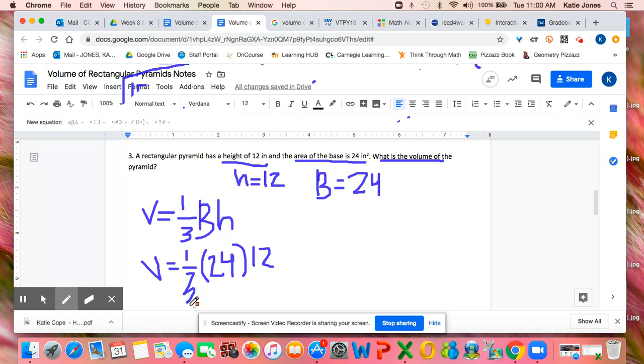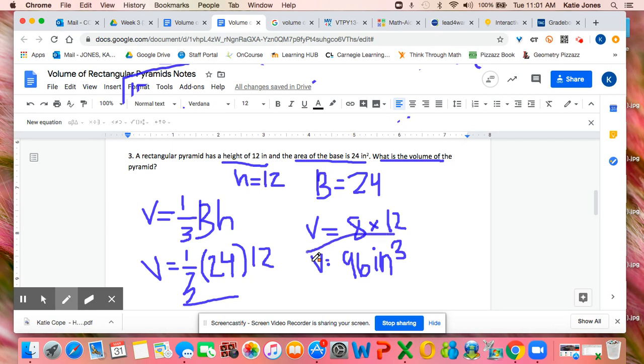I'm going to go ahead and do 24 divided by 3 first, just so that way it's a smaller number. So then we get V equals 8 times 12. So we get the volume equals 96 inches cubed.